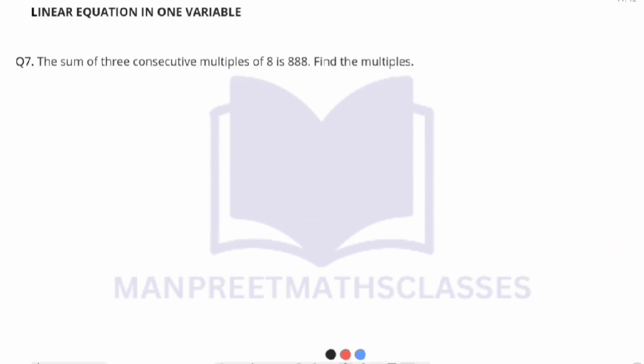Now our next question is the sum of 3 consecutive multiples of 8 is 888. Find the multiples. यहाँ पर भी हमें consecutive numbers लेने हैं, but we need to take multiples of 8. So क्या करना है, just जो consecutive numbers हमने suppose करे थे, हर एक number को 8 से multiply करना है.